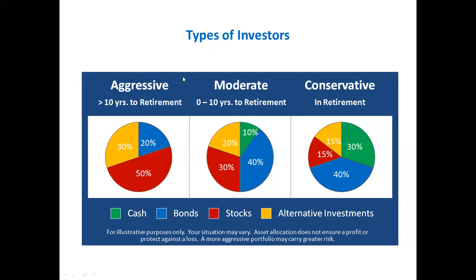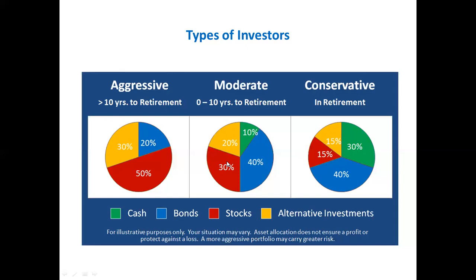If you look at the first pie chart, you'll see the red block is 50%, which is nothing but stocks. That means an aggressive investor would like to invest a huge amount of money into stocks and less into alternative investments and bonds. Similarly, a moderate investor would have 30% in equities.